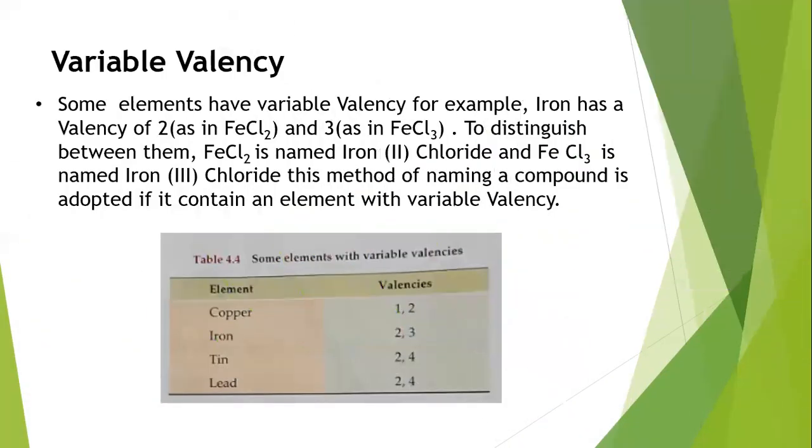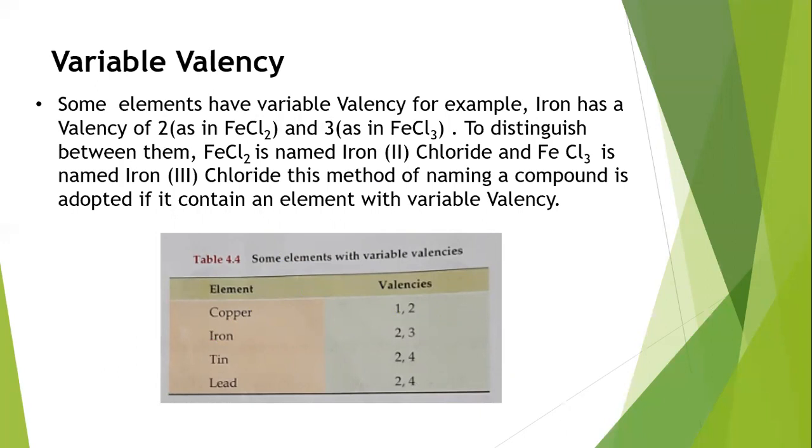Now the next is variable valency. Some elements have variable valencies. For example, iron has a valency of 2, as you can see in the formula FeCl2, and in valency 3, FeCl3.